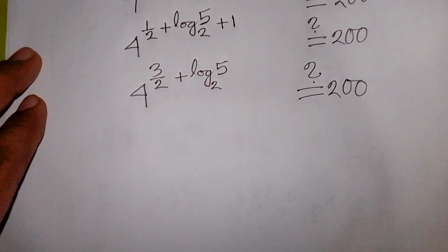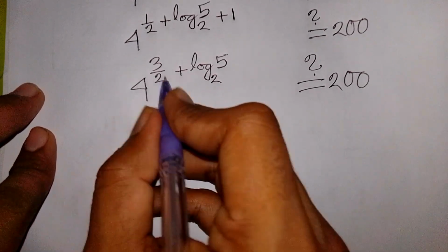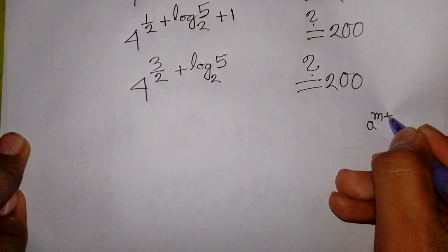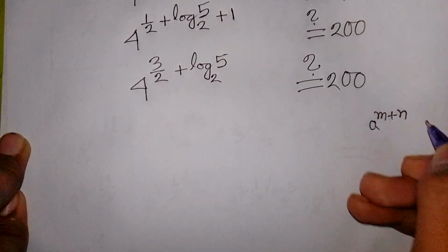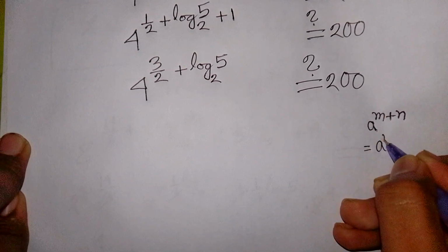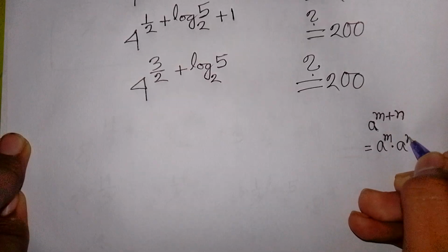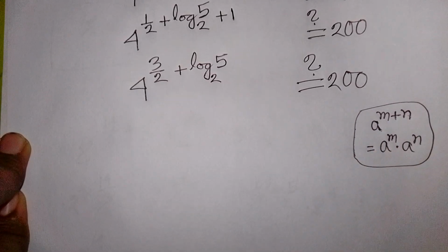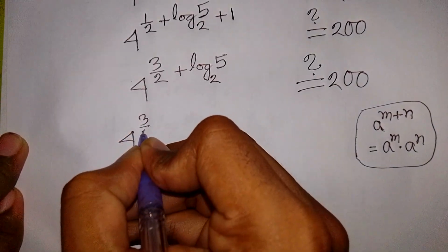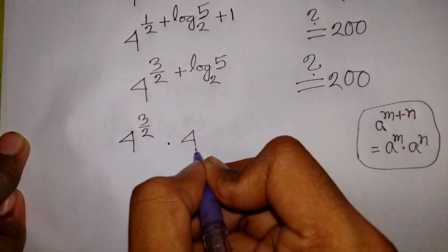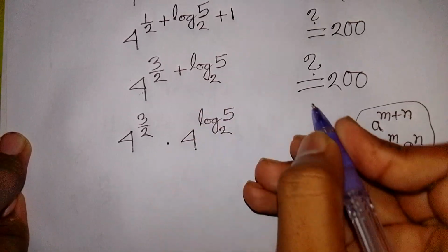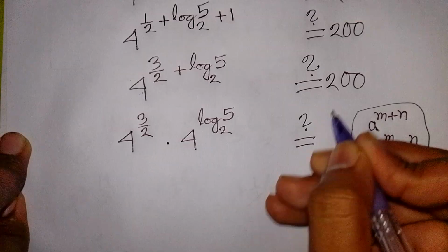In the next step, here we apply this exponential rule that a power of m plus n is equal to a power m times a power n. So according to this exponential rule, we can write here 4 power of 3 by 2 times 4 power of log 5 base 2. Is it equal to 200?